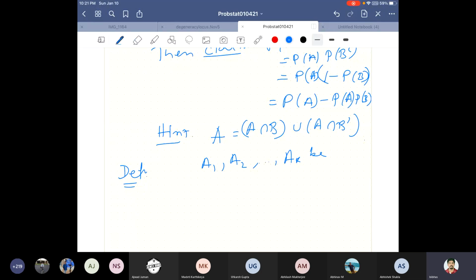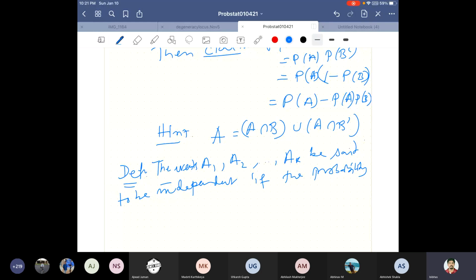So if we have more than two events, then I will say the events A1, A2, AK are said to be independent if and only if the probability.